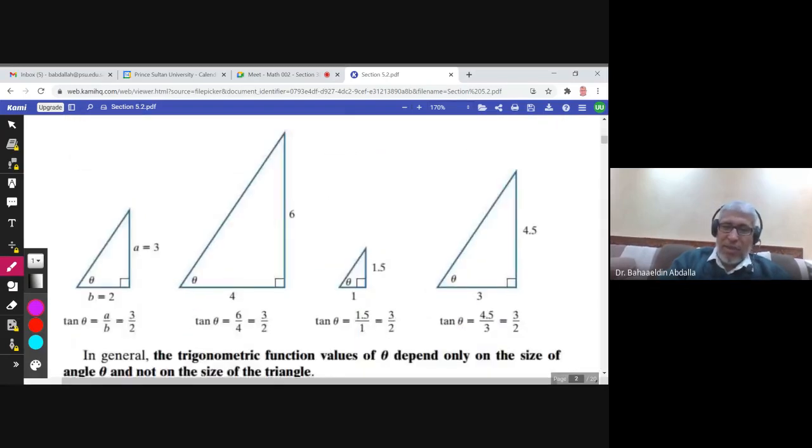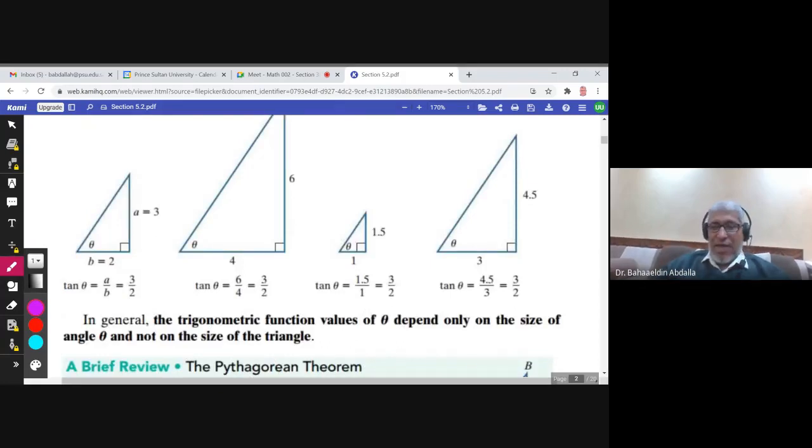Now, sine theta, for example, sine of this angle theta, depends only on the size of the angle theta, not on the size of the sides. So if this is 3 and this is 2, sorry, tan theta, for example. Let us talk about tan theta.